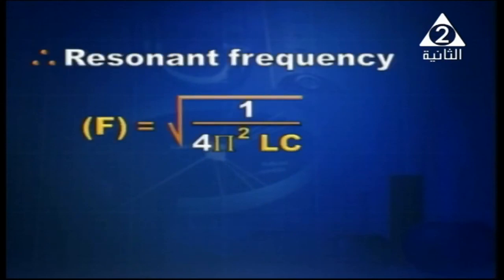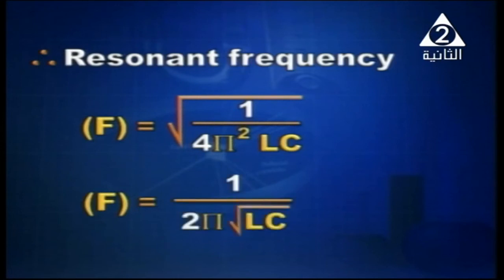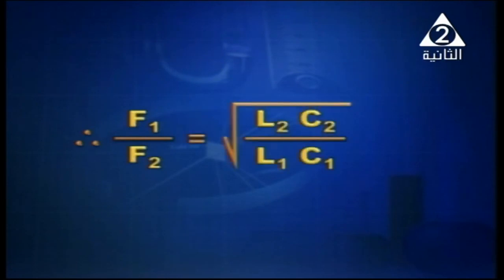It is the square root of 1 over 4 pi squared L C. So the resonant frequency is 1 over 2 pi square root of L C. And we can say, of course, F1 over F2 is equal to the square root of L2 C2 over L1 C1.